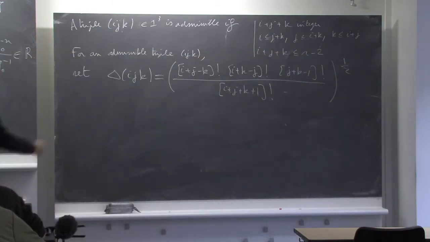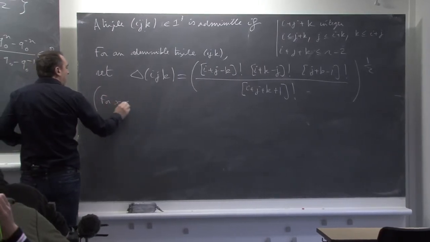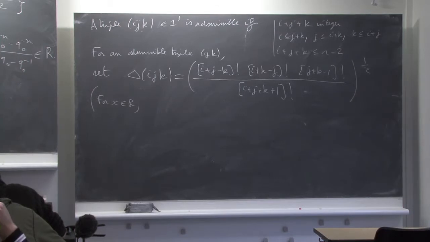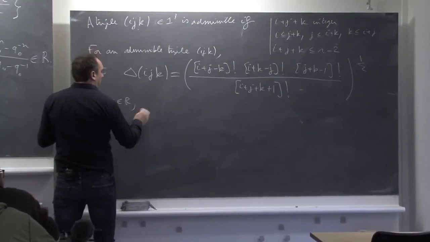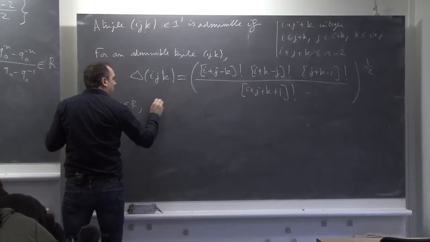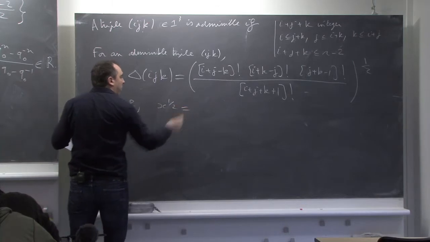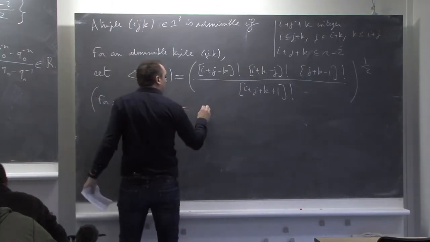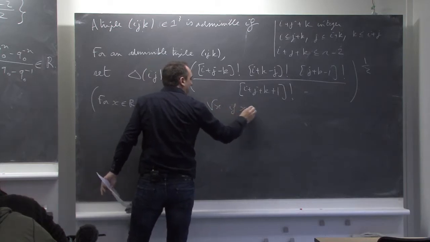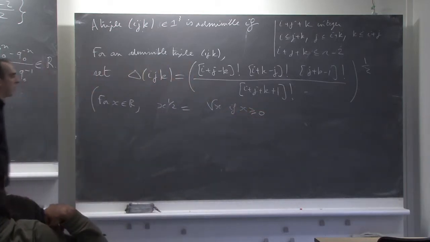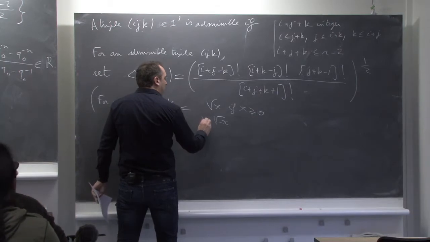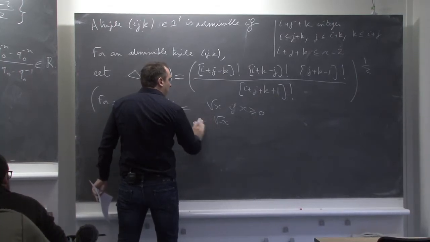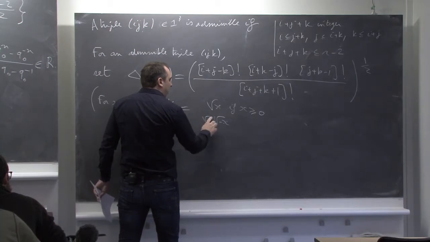And here for x, we know that this is a real number, but what I mean by square root of a real number is: x to the 1/2 is just the square root of x if x is non-negative, and if x is negative, you take the square root of negative x times the square root of minus 1.